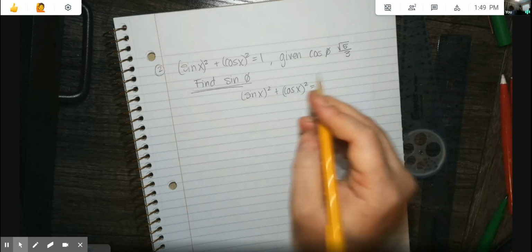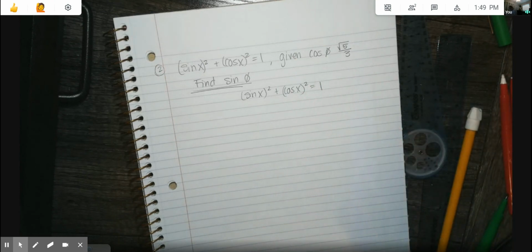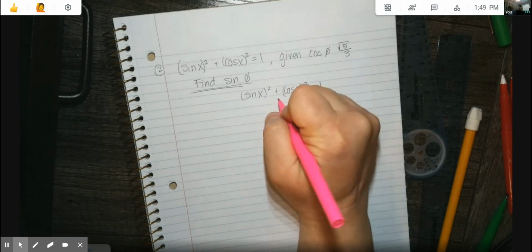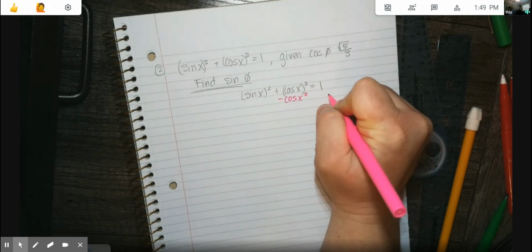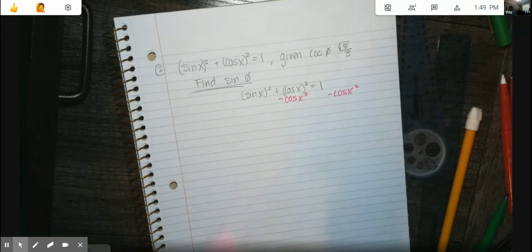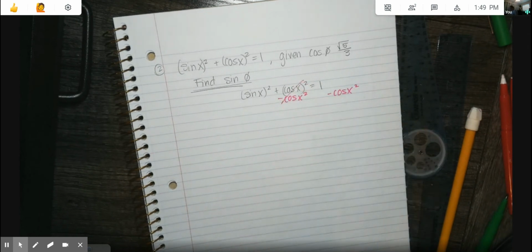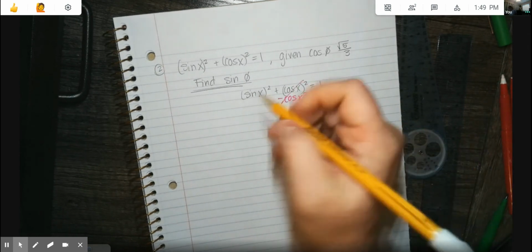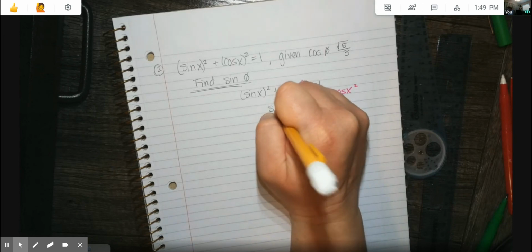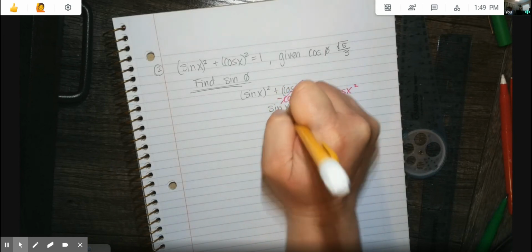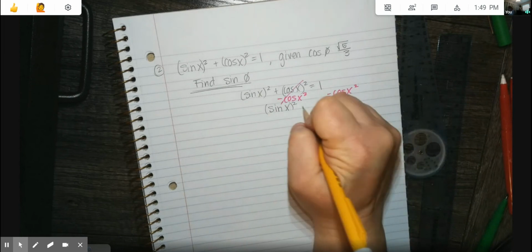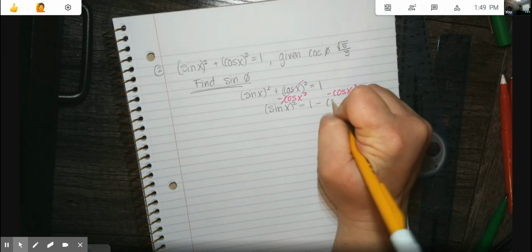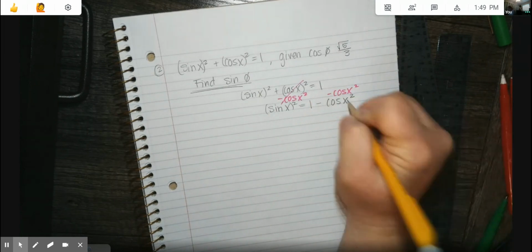If I'm trying to find sine, then I'm going to subtract cosine so that the equation is rewritten in the form that I'm solving it, right? In the unknown. So sine of x is what is unknown. I want it alone by itself on the left-hand side. And that's all going to be equal to 1 minus cosine of x squared.